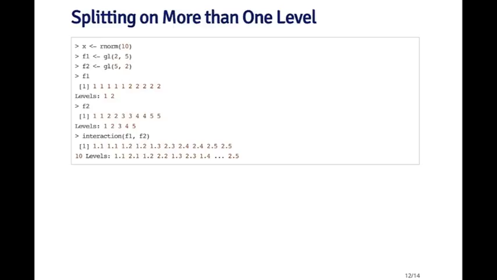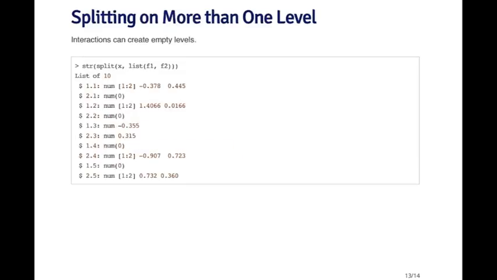So I can use the interaction function to combine all the levels of the first one with all the levels of the second one. Because there are 2 levels in the first factor and 5 levels in the second factor, there's a total combination of 10 different levels when you combine the 2 together. So when I call the interaction function, I get another factor that concatenates the levels of one with the other, and you can see that it prints out that there's a total of 10 levels. Okay.